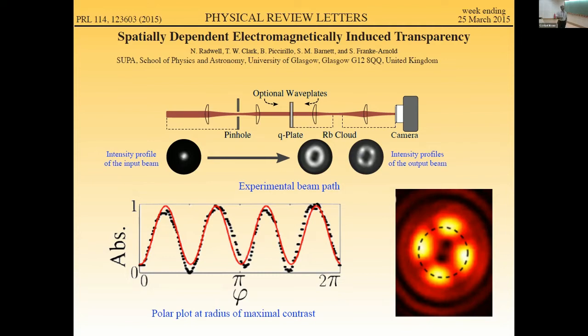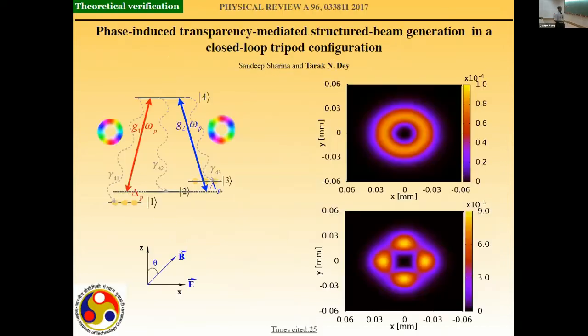So when you change the L value, the angular momentum value, you can also change the number of transparency windows in the spatial domain. Therefore, the phase can be mapped to the amplitude. And this is their experimental result. We have done a rigorous calculation, and what we did was consider two weak probe fields, G1 and G2, which are coupled between levels 3 and 4 and 1 and 4.